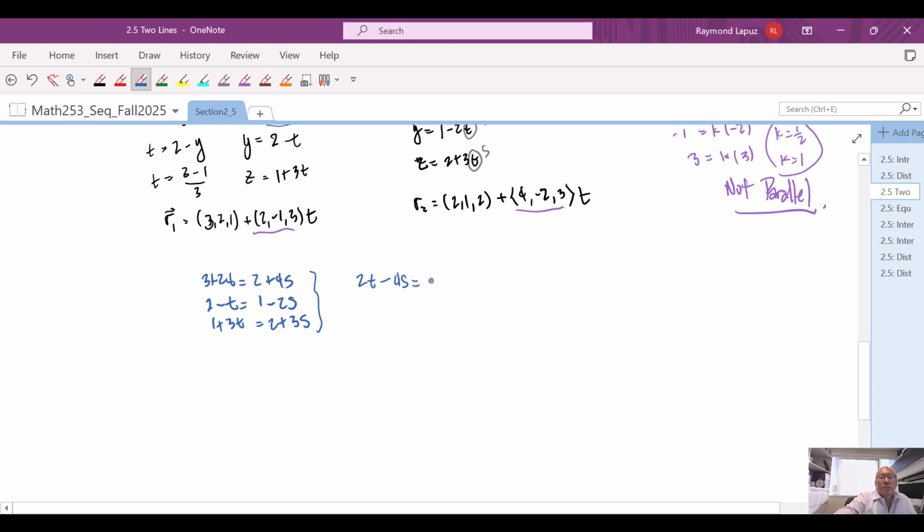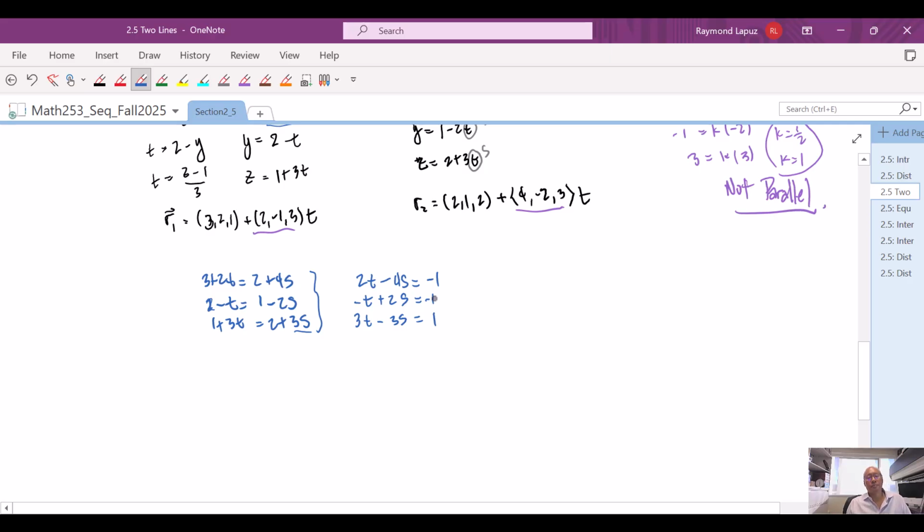So 2 minus 3 is -1. I have a negative t here. Bring the s over, so I have a positive 2s. And then I have a 1, and then subtract the 2. So 1 minus 2 is -1 also. And then the last one, a positive 3t, and bring this over to the other side, negative 3s, and this is equal to 2 minus 1, which is positive 1.